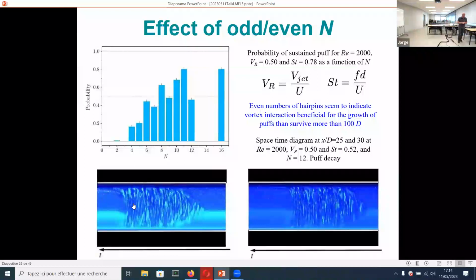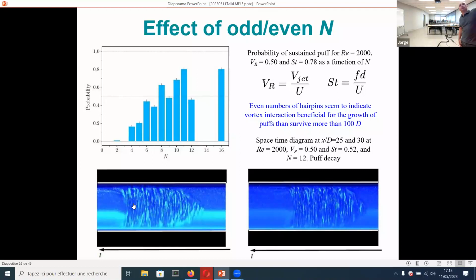We tried to do experiments at different BR, St, and different N. For example, this is for Reynolds number 2000. We see the probability of a certain set of parameters to create a puff that will sustain 100 diameters.